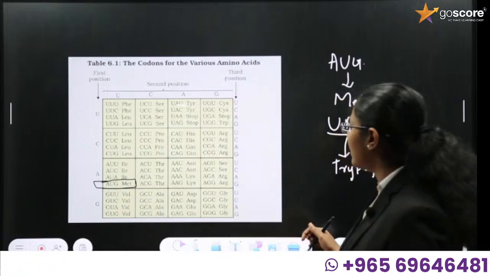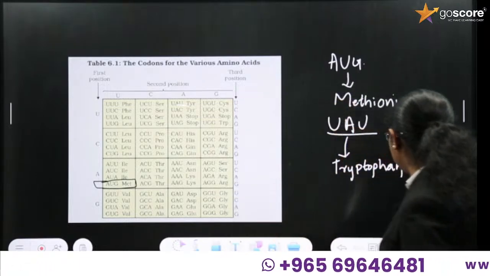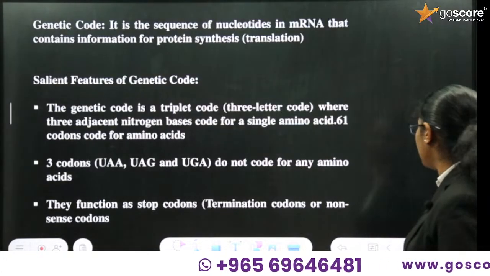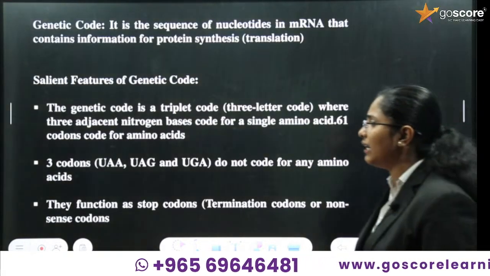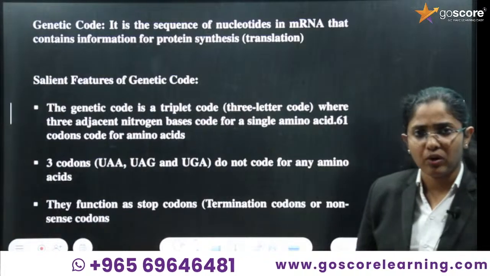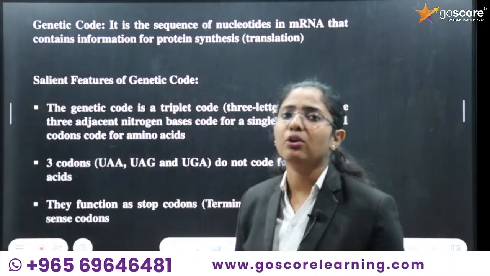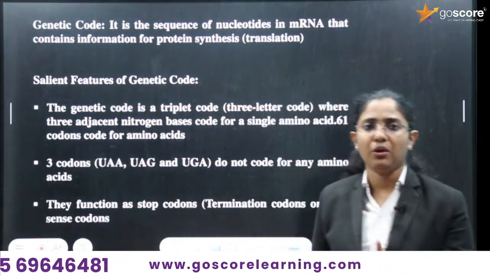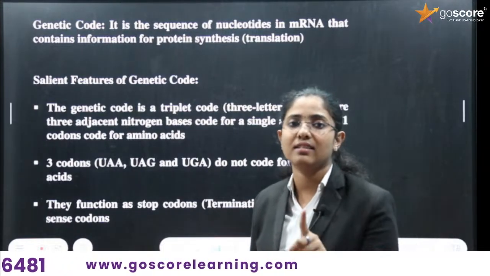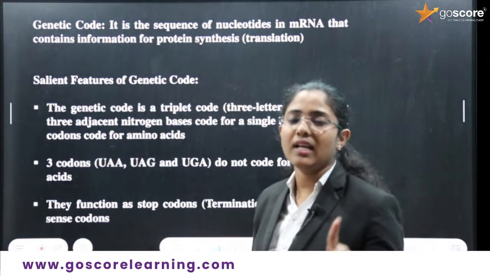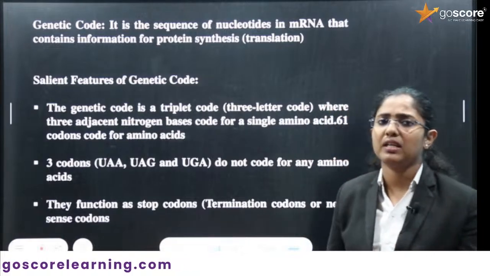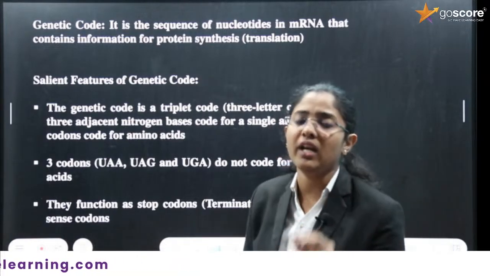Okay, so last class we saw the salient features of the genetic code that we have already discussed. I told you that there is one particular codon which acts as the start codon. That start codon is AUG, and the amino acid coded by AUG is methionine.